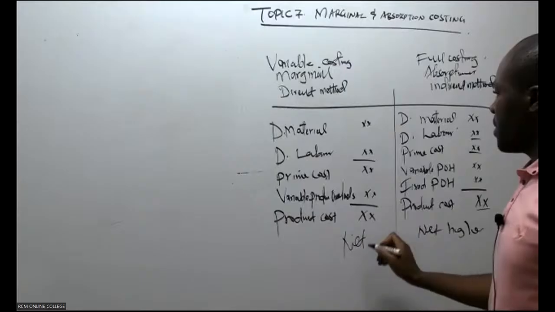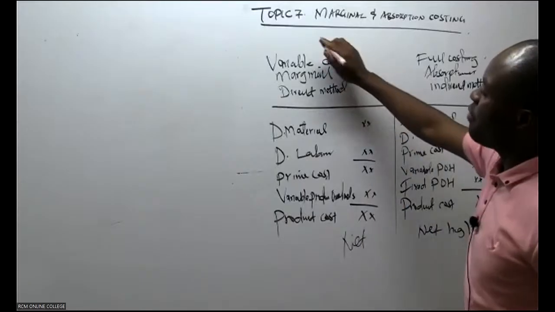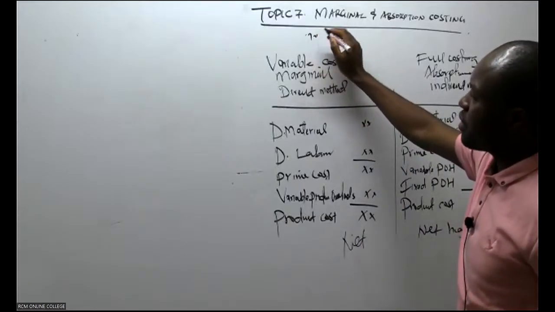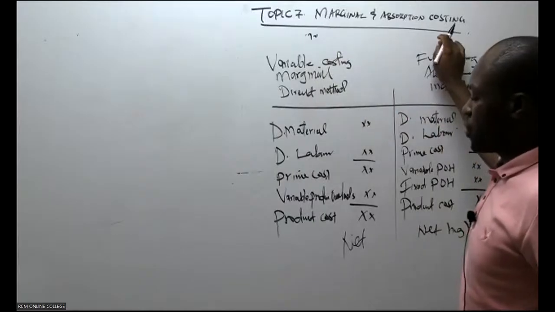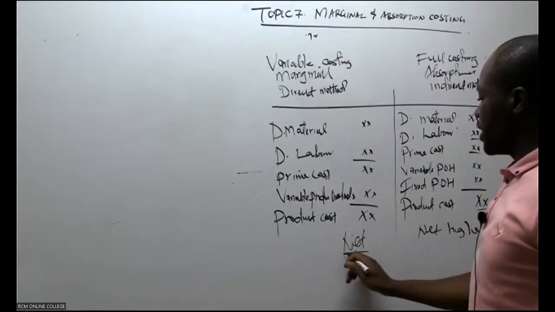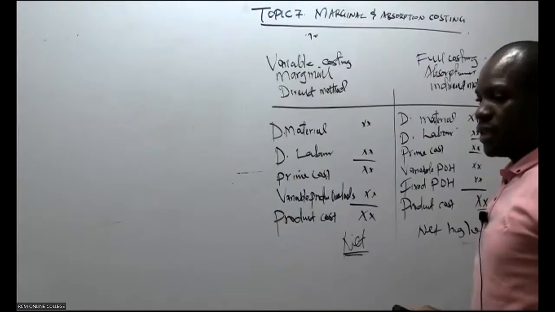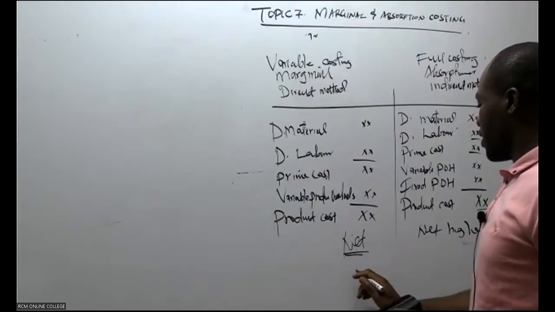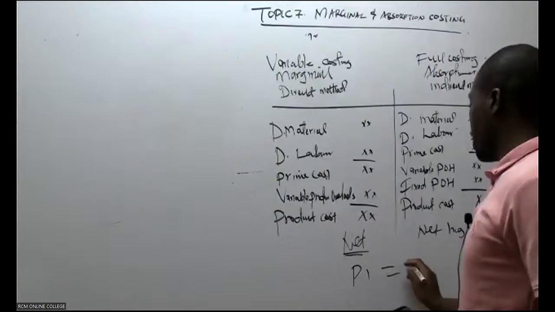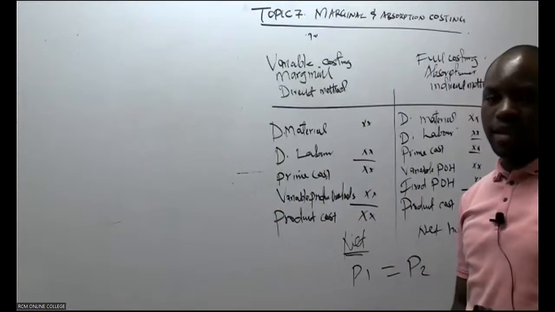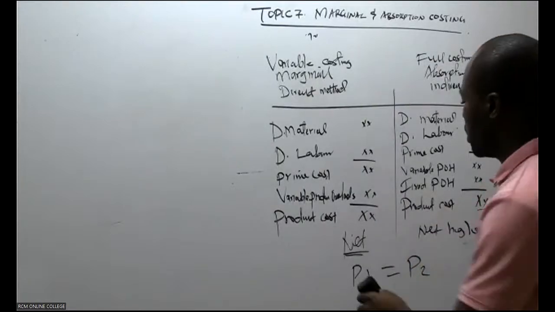Remember, you're going to use the same data. If production is 7,000 units in January, it is the same across, but at the end you get different profits. So you have to reconcile the profit so that the profit here is equivalent to the profit on the other side.